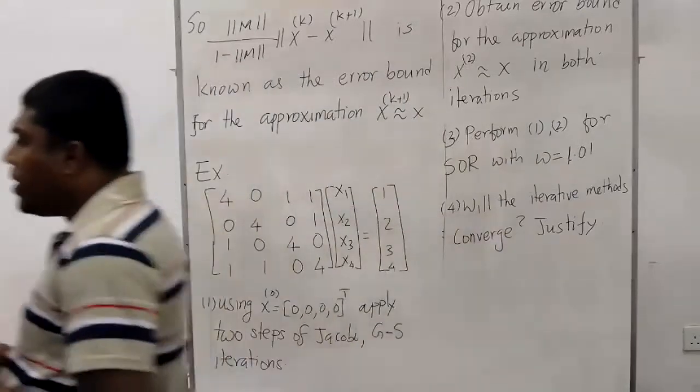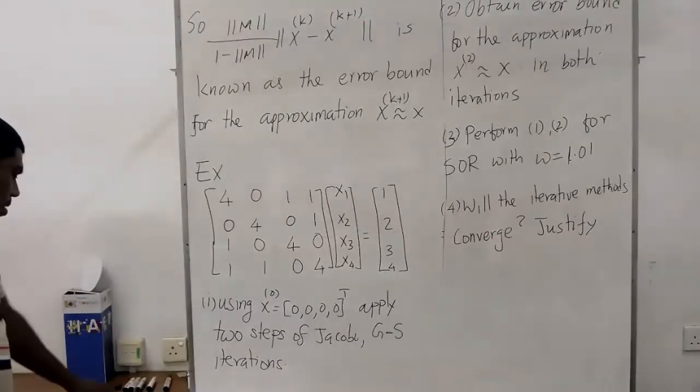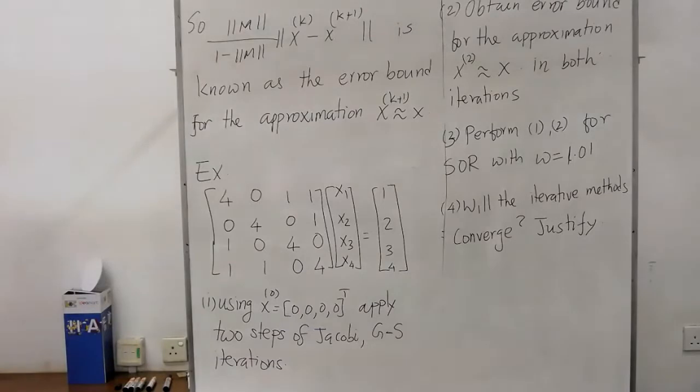There are 4 parts in this question, but even within every part you have sub parts, so you have to do a lot of work in this exercise. Given the system of linear equations, you have to apply Jacobi method first, and also Gauss-Seidel method.